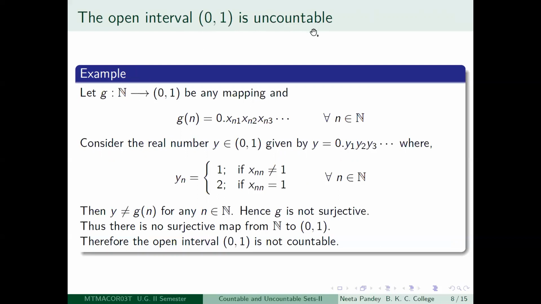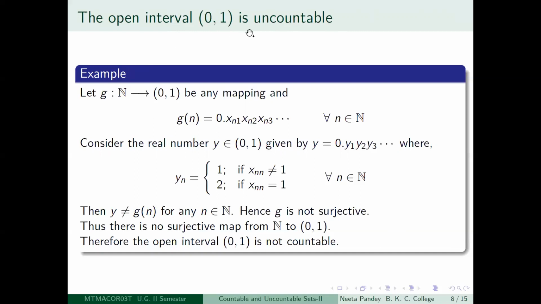The way we are going to prove this is by saying that there cannot be a surjective mapping from the set of positive integers to this. We know that, first of all, this is an infinite set, because between any two real numbers there are infinitely many real numbers.